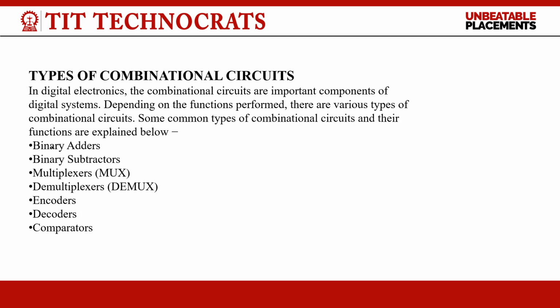There are different types of combinational circuits. In digital electronics, the combinational circuits are important components of the digital systems. Depending on the functions performed, there are various types of combinational circuits. They are binary adders, binary subtractors, multiplexer or mux, demultiplexer or demux, encoders, decoders, and comparators.